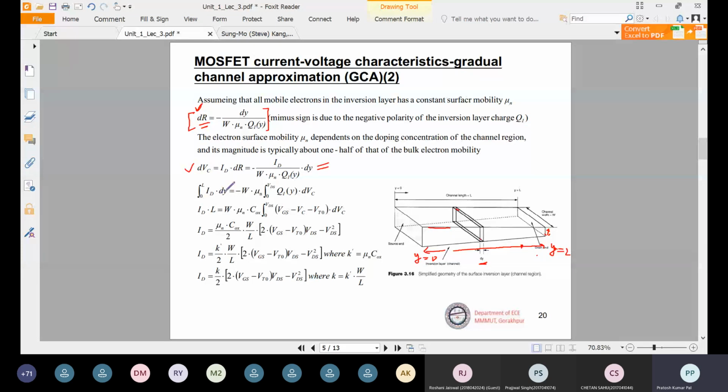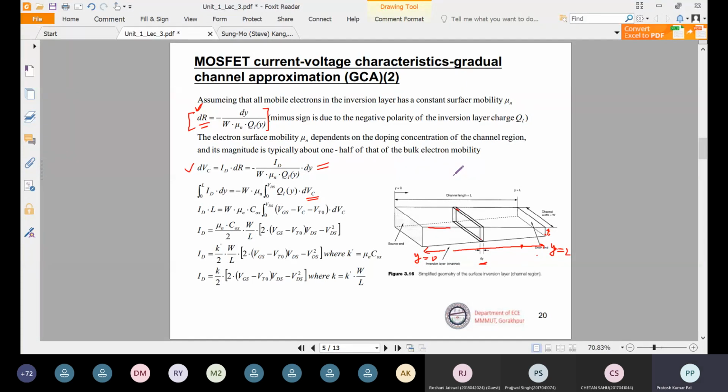So we will integrate with respect to dy on both the sides, and dy will be ranging from 0 to capital L, and whatever Vc voltage is there, that Vc voltage will be changing from 0 to Vds, because we are applying Vds voltage at the drain terminal.